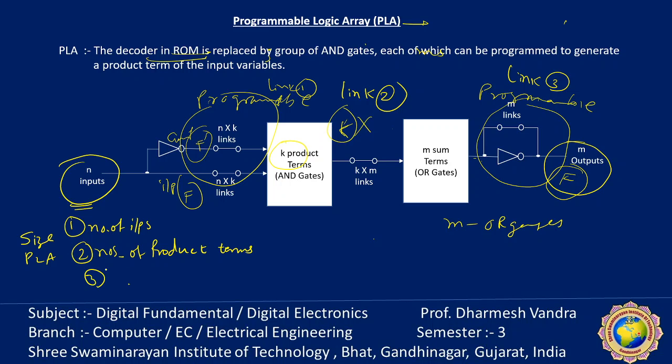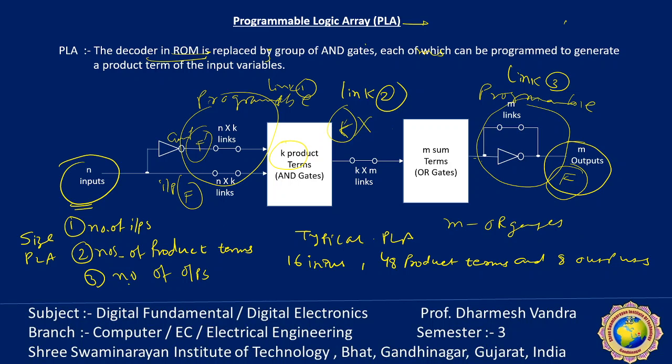And third, the number of outputs. These parameters decide the size of the PLA. A typical PLA has 16 inputs, 48 product terms, and 8 outputs.